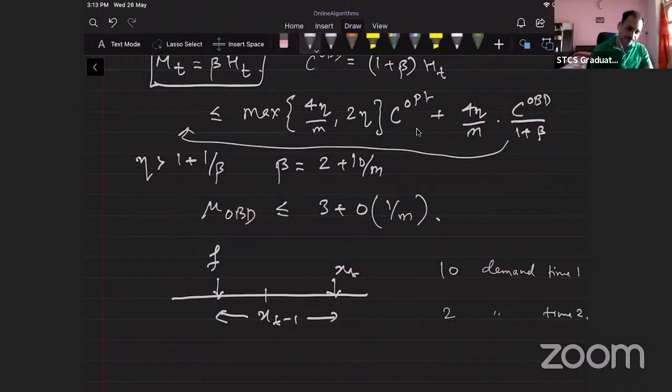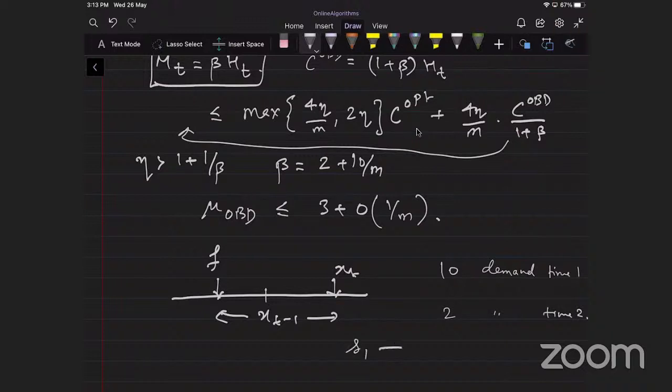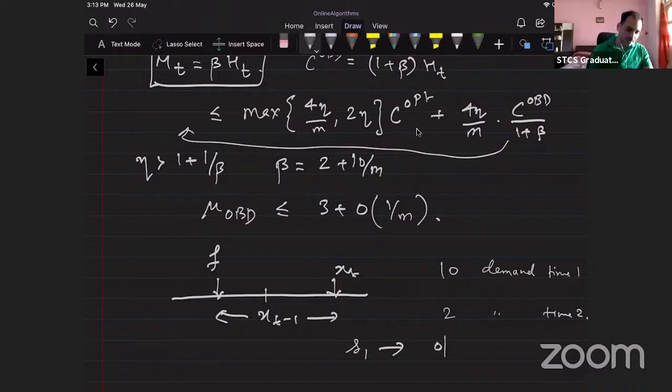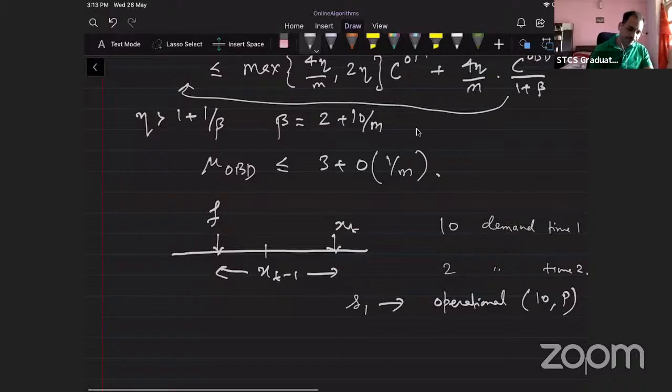What is your objection? So at time 1, how many will you operate? You'll operate a certain number of servers, correct? So the number of servers operated at time 1, let it be S1. Now with respect to S1, there is an operational cost, and that also depends on 10 and the particular cost functions you're going to work with. Correct? Yes. Now at time 2, how many servers will you operate?